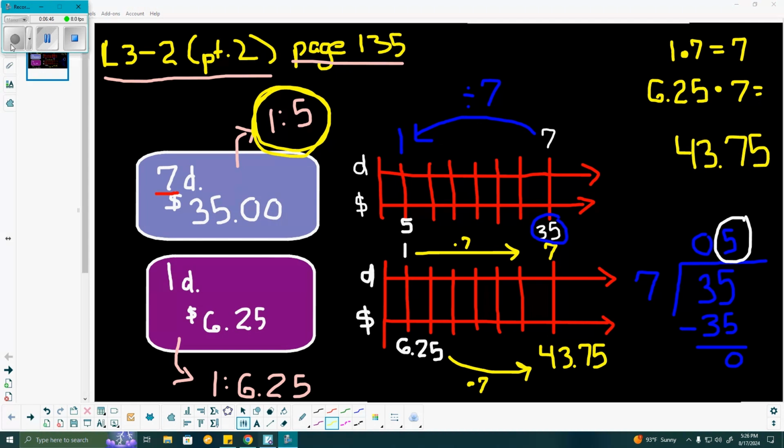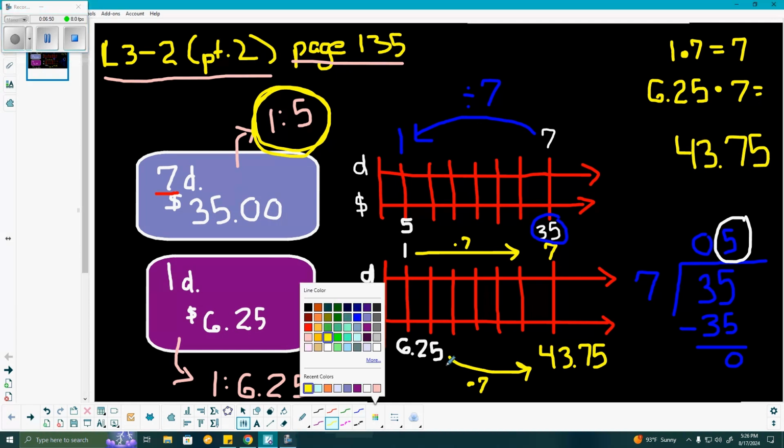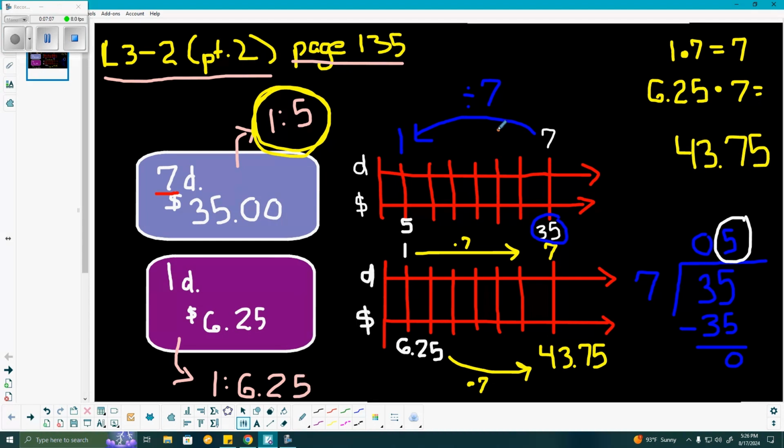Now that we know which one is cheaper per day, let's pretend that Yelena wants to go on the train for only the weekdays. So that would be Monday, Tuesday, Wednesday, Thursday, and Friday. That's only going to be 5 days.